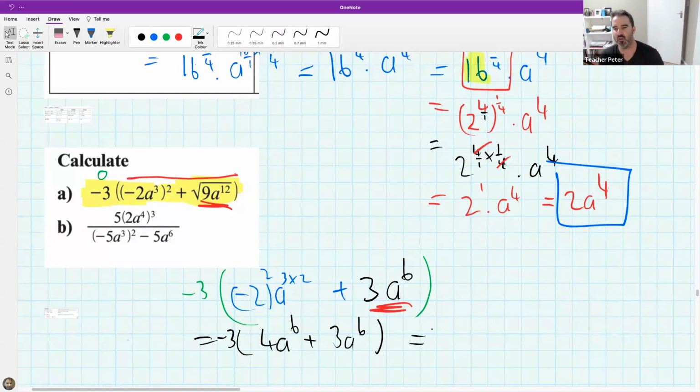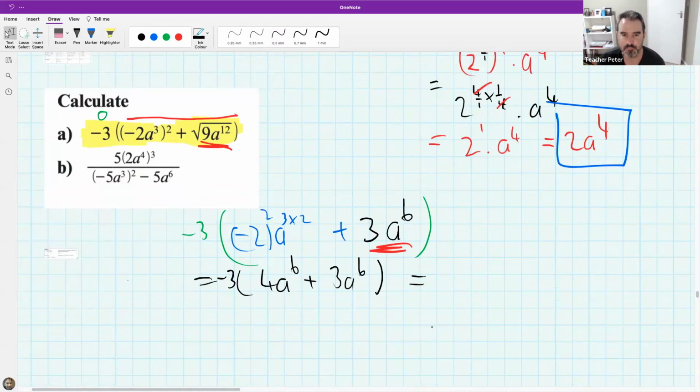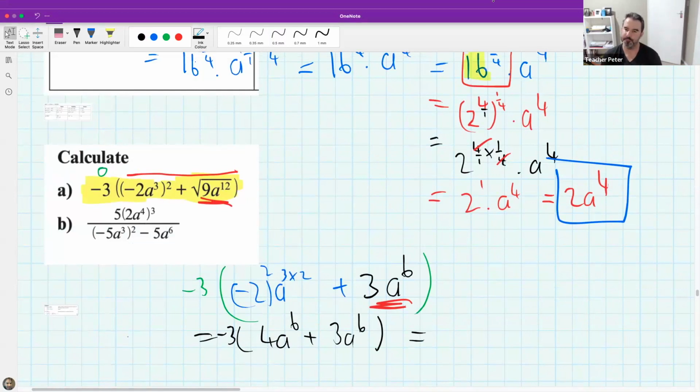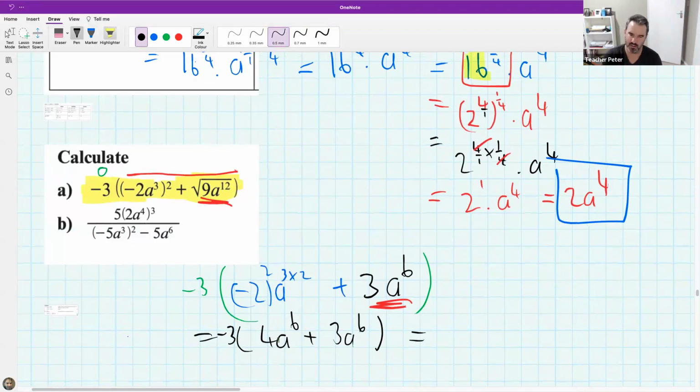What is my final answer going to be? There's something familiar about 4a to the 6 and 3a to the 6. What do I need to do with these two?